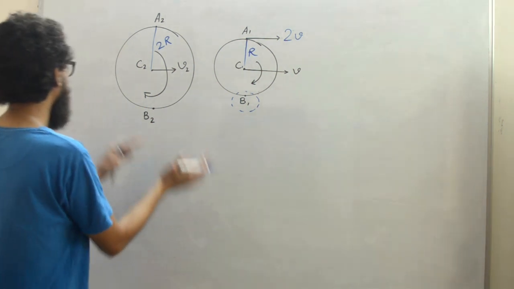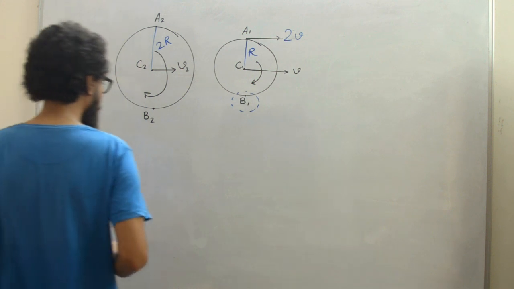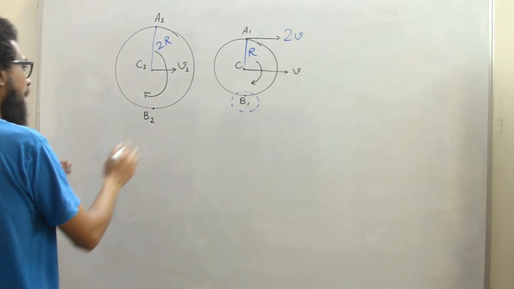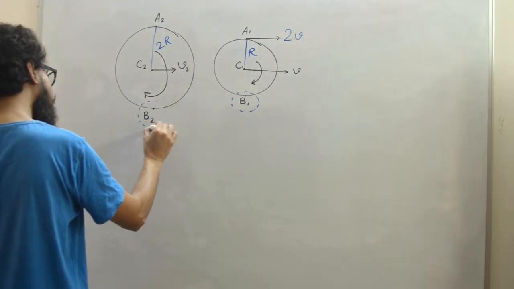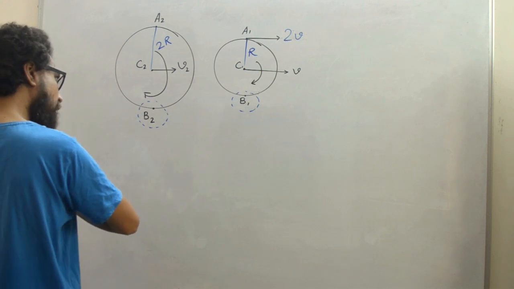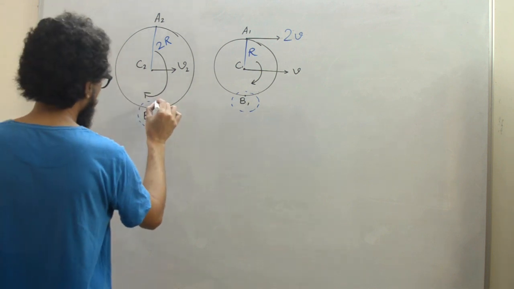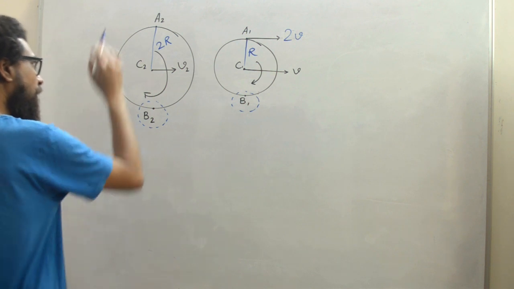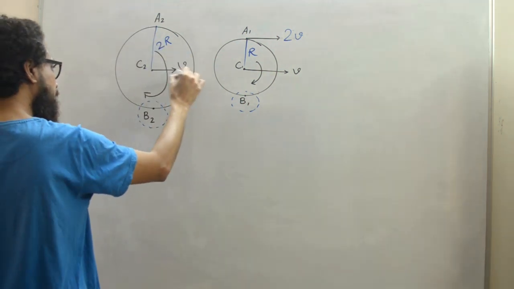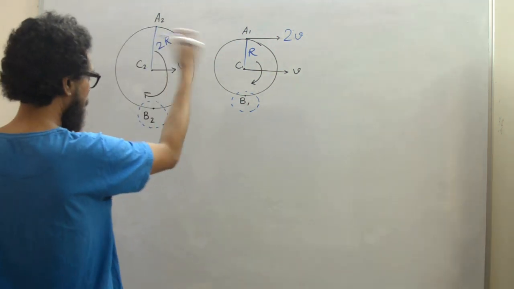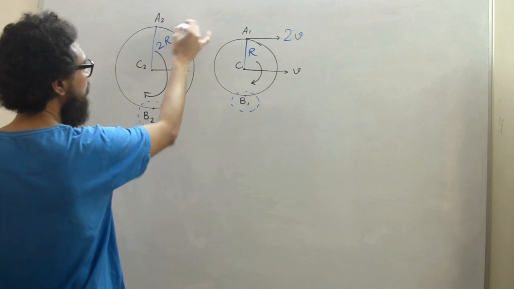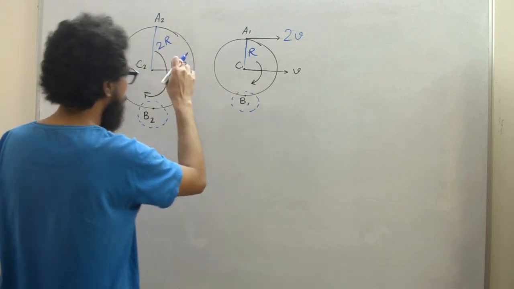Now let us come back to here. In this case, again this point has to be momentarily at rest. So if this velocity is v2, then this should be 2v2.